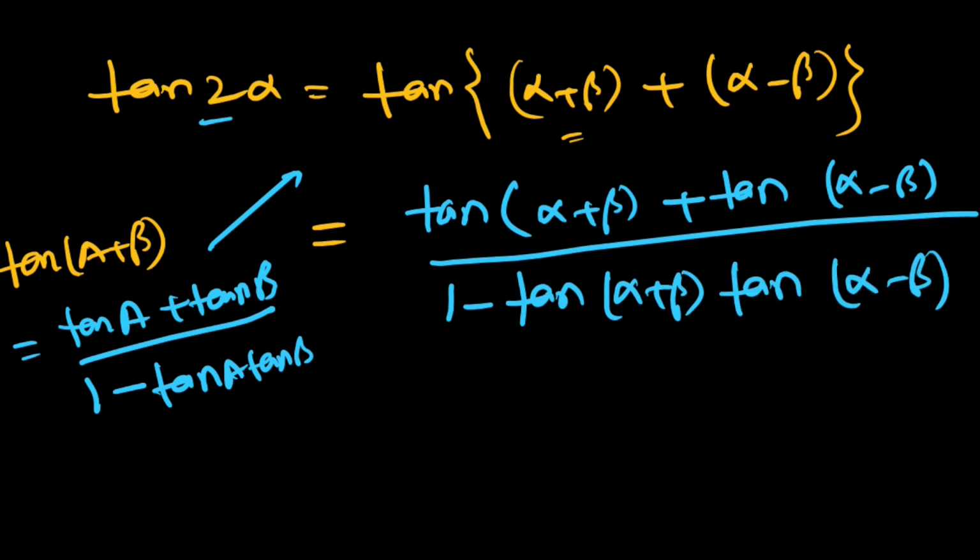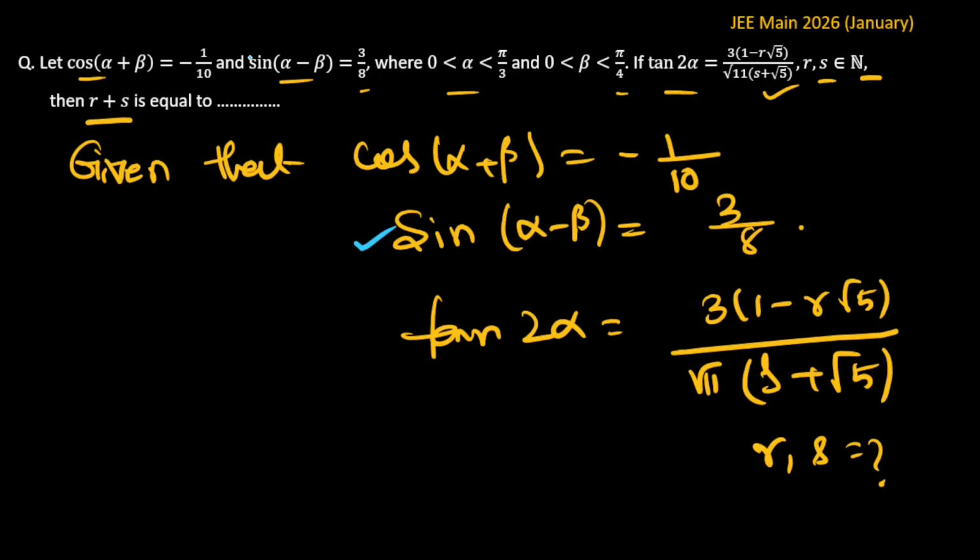Therefore we write tan 2 alpha in this form. Now we put in the values of tan of alpha plus beta and tan of alpha minus beta. Given sin of alpha minus beta and cos of alpha plus beta, we find sin of alpha plus beta from here, and cos of alpha minus beta from here. Then we find tan of alpha plus beta and tan of alpha minus beta.